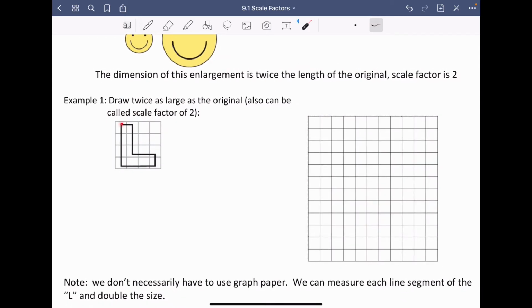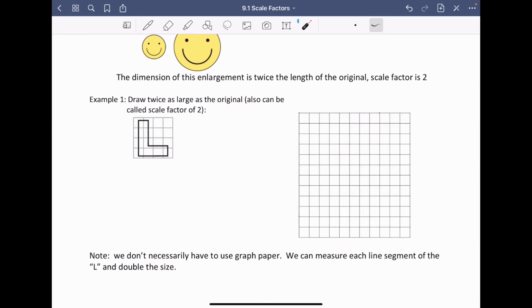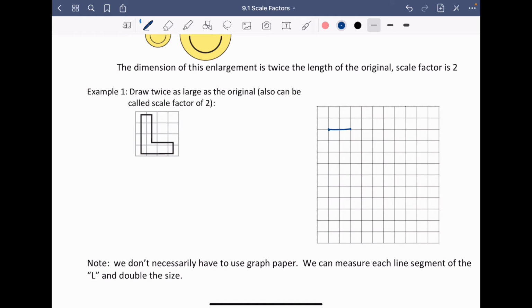You can see that the L has a width of 1 unit. If our scale factor is 2, then our enlargement will have a width of 2 units. Let's see how long this is: 1, 2, half, and half. So it's 3.